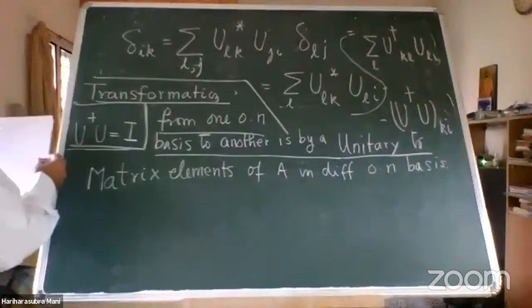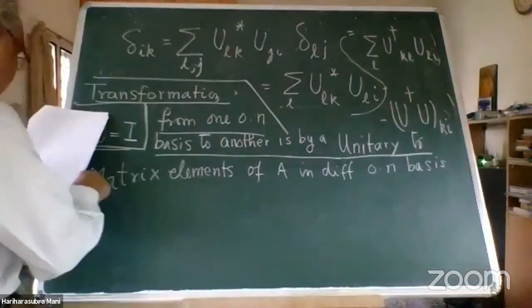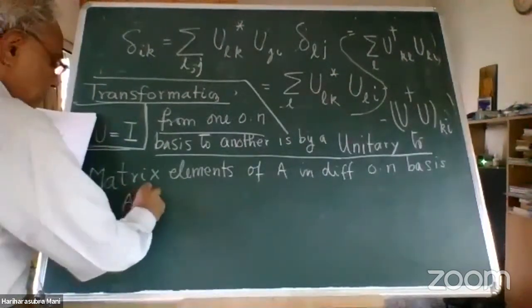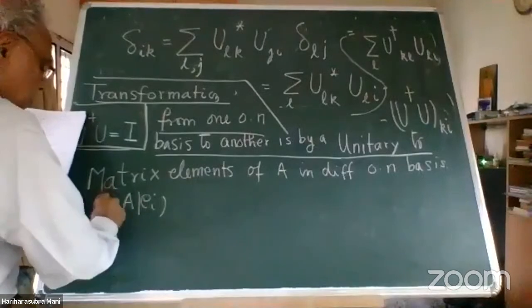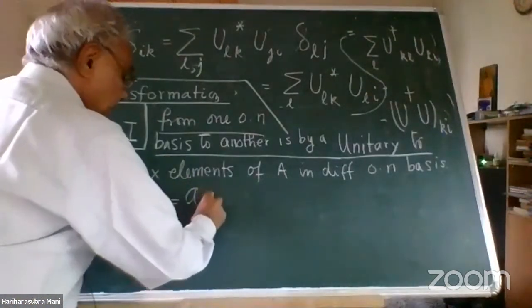Okay, let me start with that. Let me write down the matrix element of A between E_i and E_j, which I had called A_ji.